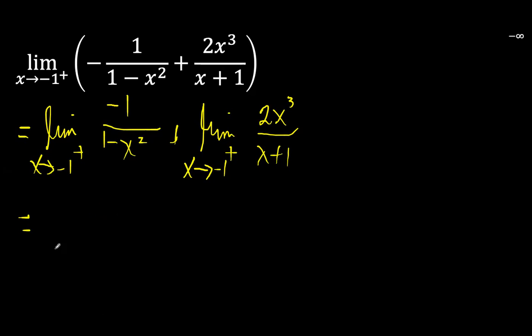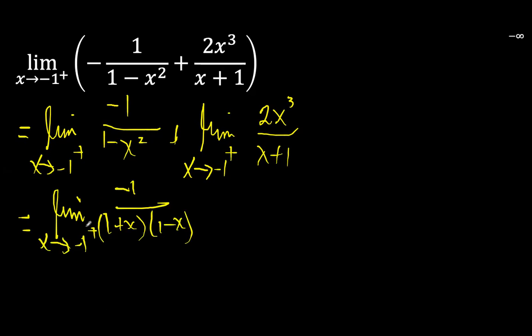The limit of negative 1 over 1 plus x times 1 minus x as x approaches negative 1 from the right, plus the limit of 2x cubed over x plus 1 as x approaches negative 1 from the right.